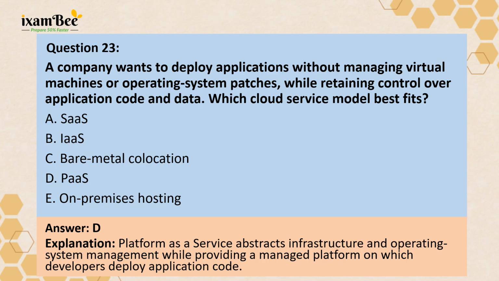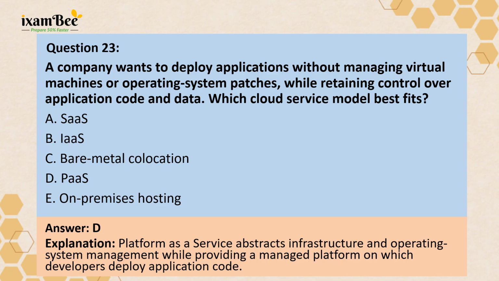Let's map this against the cloud service model spectrum. IaaS would still leave the company managing virtual machines and operating system patches themselves. Too much operational burden for what's described here. SaaS goes too far the other way. The company wouldn't have control over application code at all, since SaaS is a complete ready-to-use application.